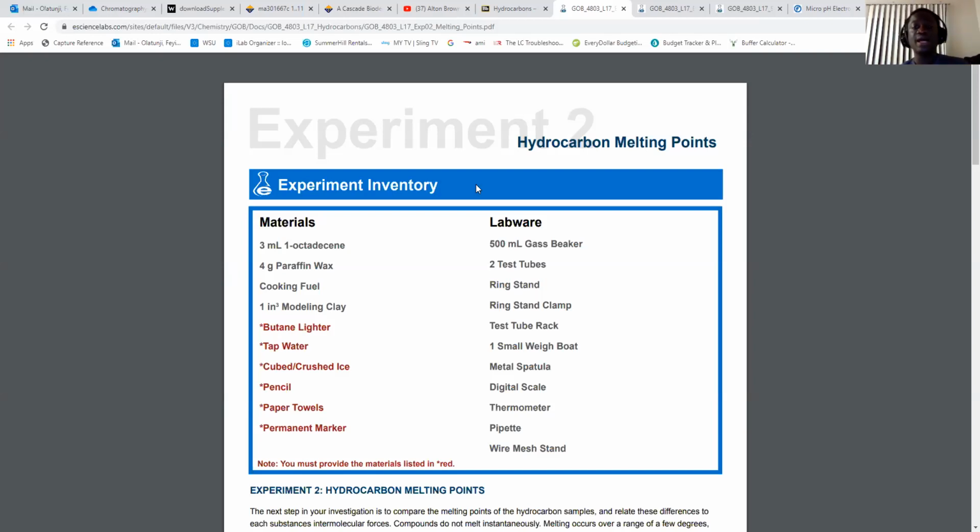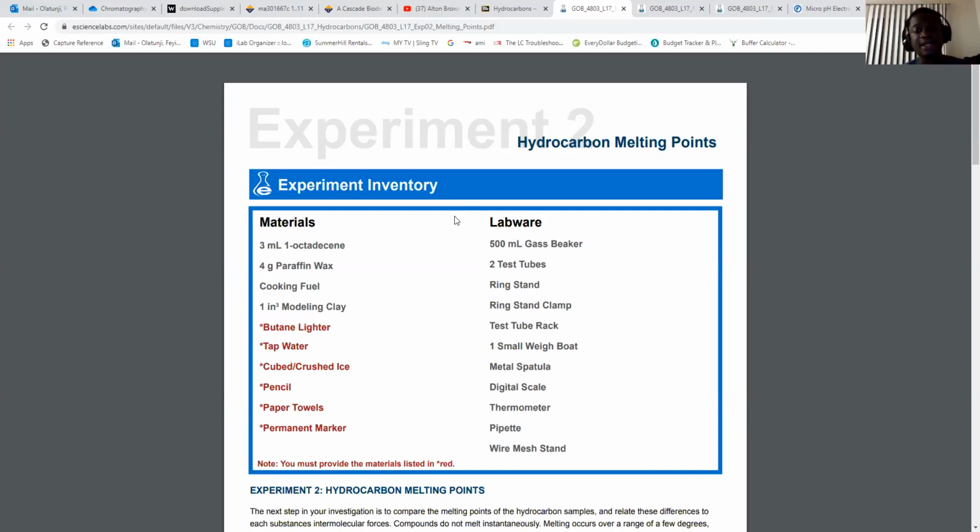So if a molecule has stronger intermolecular forces of attraction, you expect the melting point to be higher. However, if a molecule has a lot of branched chains or a lot of double bonds, those molecules can't pack properly and their intermolecular forces of attraction will be weaker, so you expect their melting point to be lower.